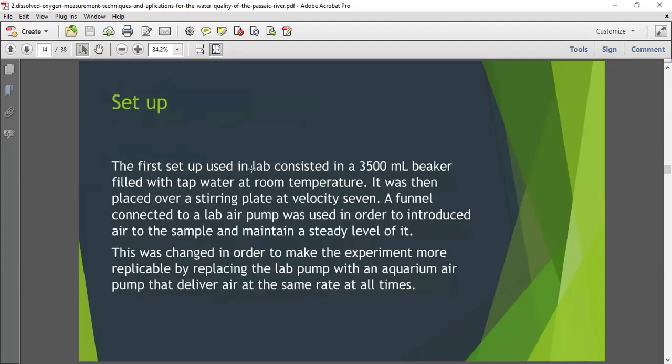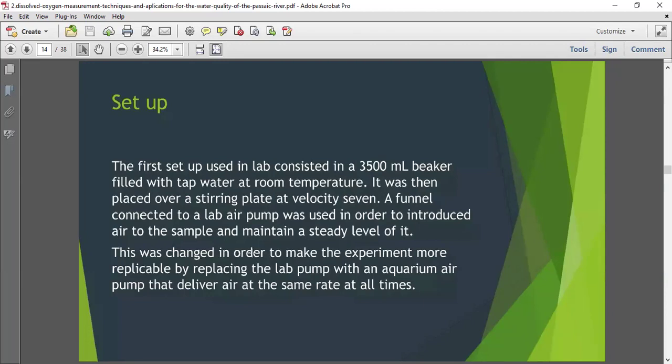The first setup used in the lab is one of the tests: a 3,500 milliliter beaker filled with tap water at room temperature. It was then placed over a stirring plate at velocity 7. A funnel connected to a lab air pump was used to introduce air to the sample and maintain a steady level of it.